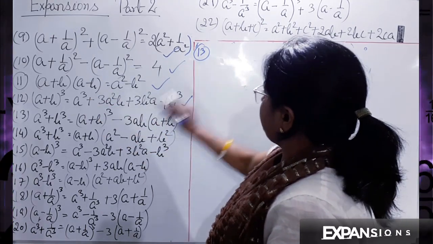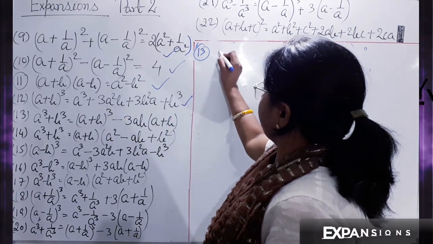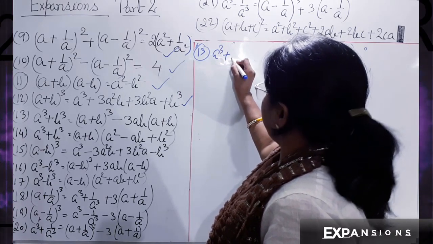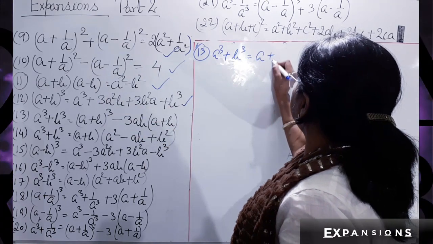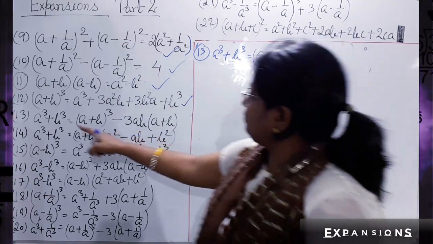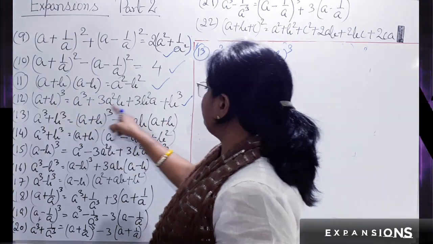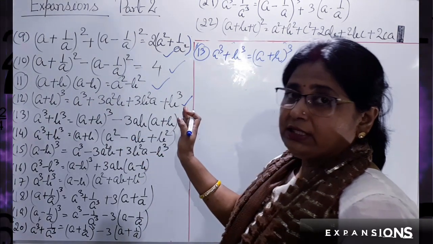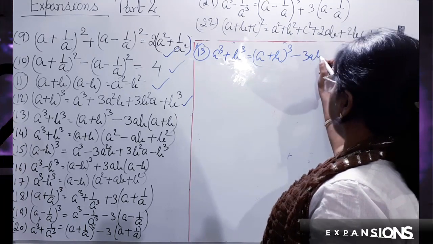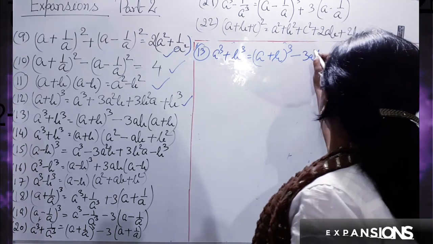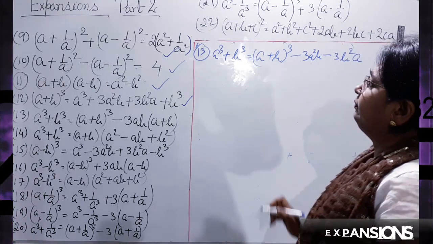Now we can write this: a cube plus b cube on the left side, and (a + b) whole cube on the right side. Then these two terms will come on the right side with a negative symbol, minus 3a square b minus 3b square a. Like this it will be.